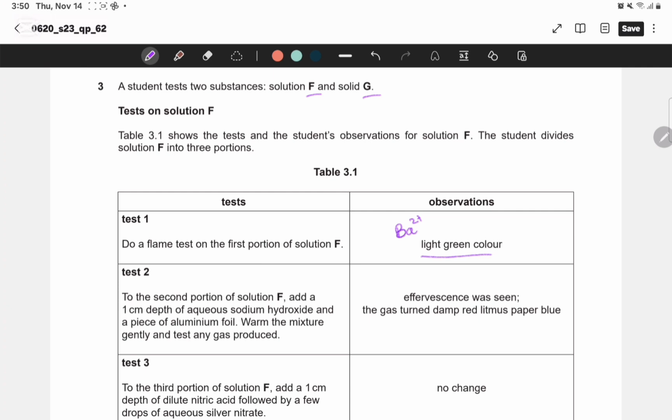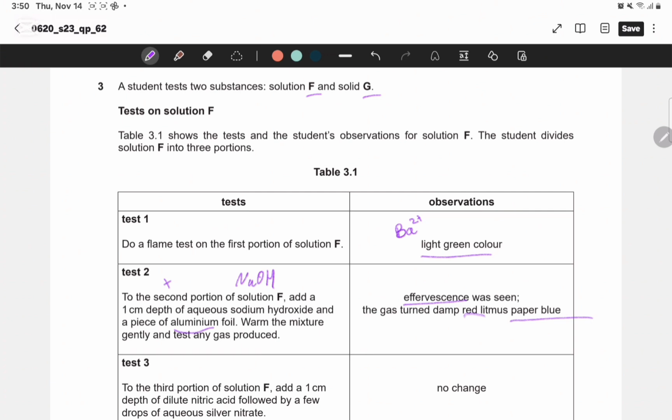Test 2. The second portion of solution F, add 1 centimeters depth of aqueous sodium hydroxide, so NaOH, and a piece of aluminum foil. So they added aluminum foil. Warm the mixture and test for any gas produced. Effervescence was seen, a release of gas, and the gas turned red litmus paper blue.